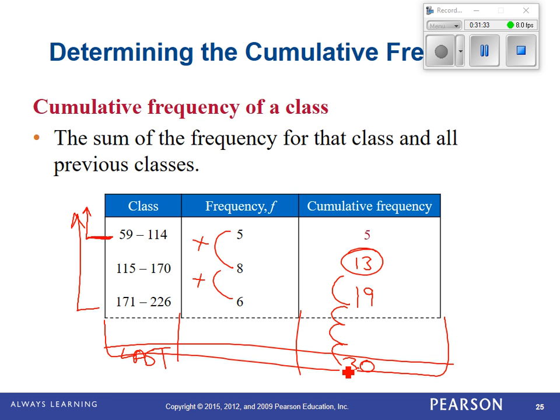If it's not, then we screwed up adding or counting somewhere. So the last one should be how many total pieces of data we had, the whole set. That's all cumulative frequency is, just adding the next one on each time.